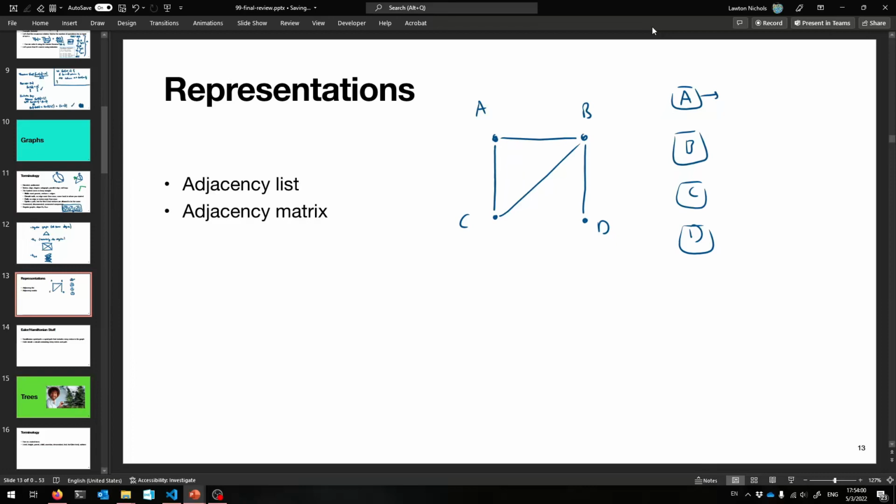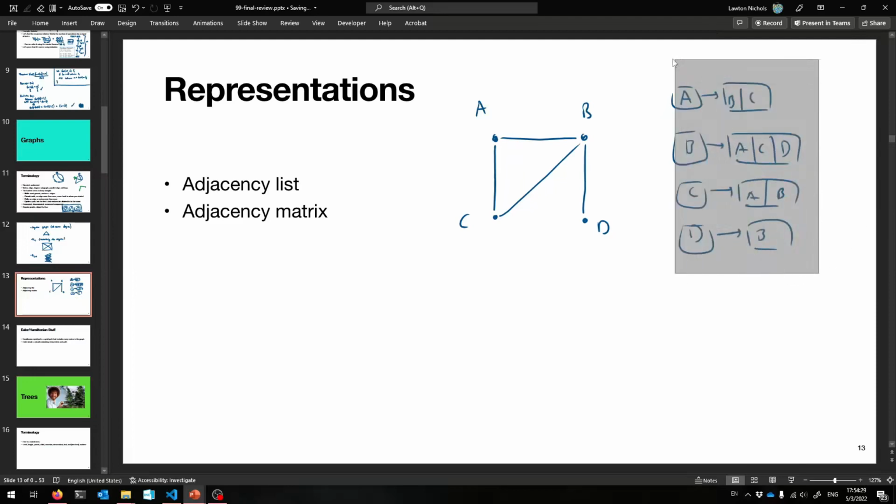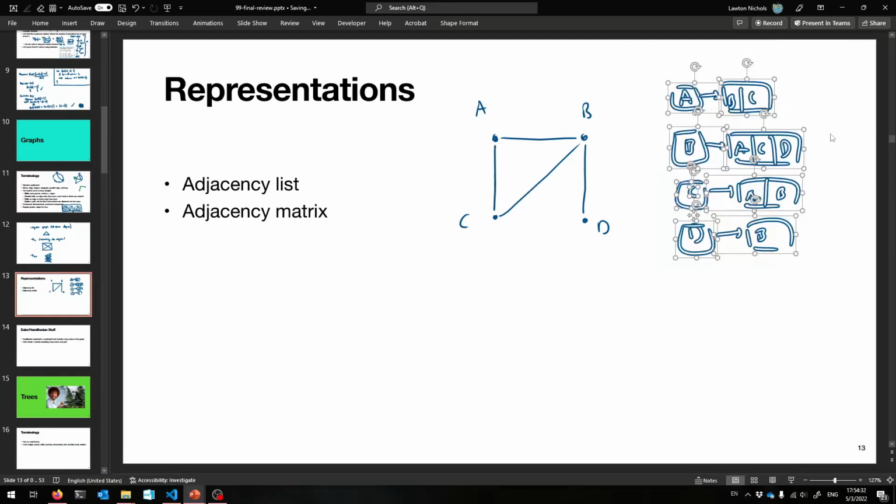So A has an edge to B and C, so we store in a list B, C. B is connected to A, C, and D, so we store that in a list. C is connected to A and B by an edge, so we store that fact there. And then D is only connected to B by an edge, so we store it like that. So that is our adjacency list, and this is perfect information to tell us exactly what edges exist in this graph. Okay?